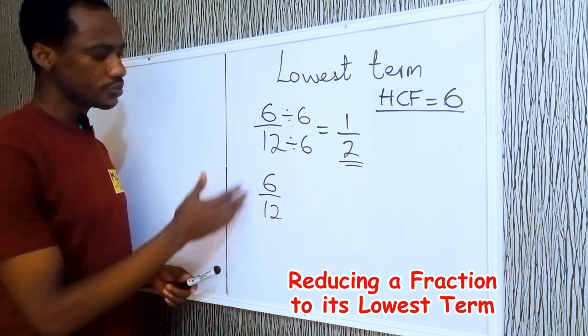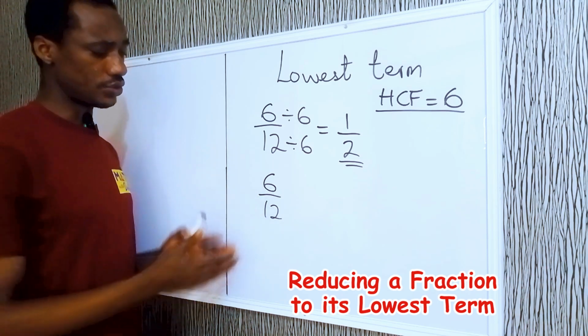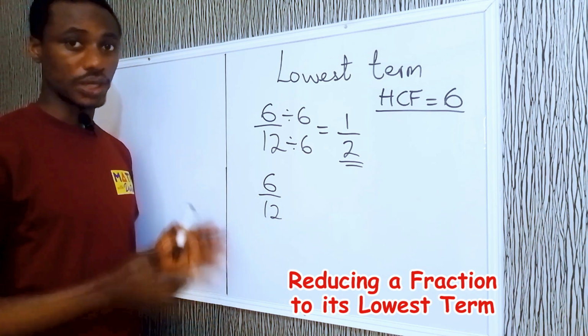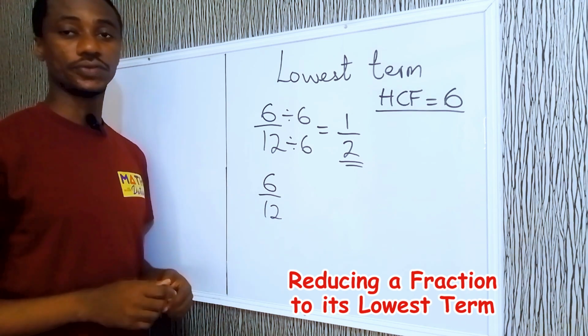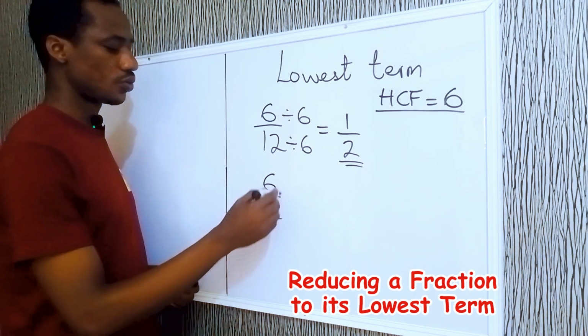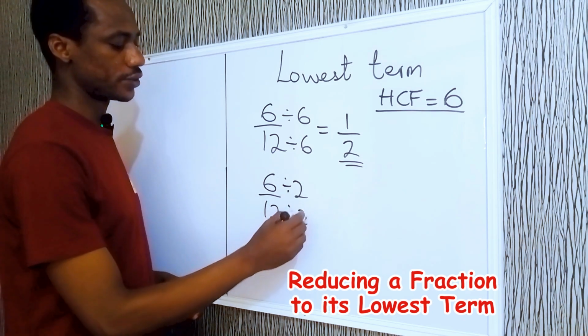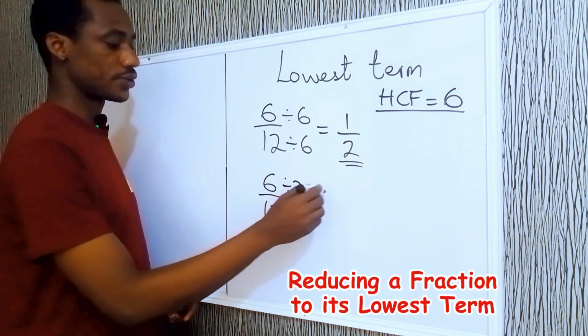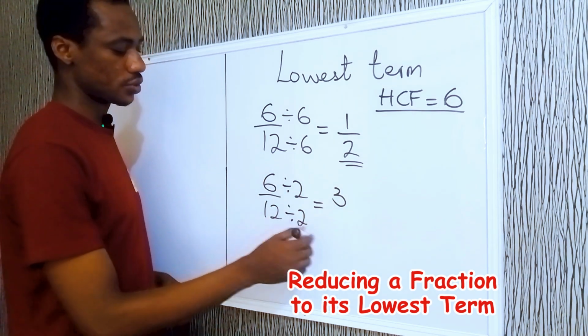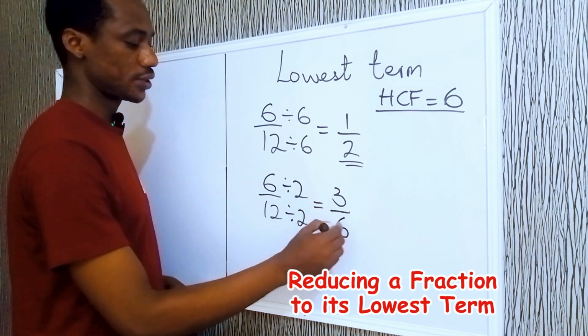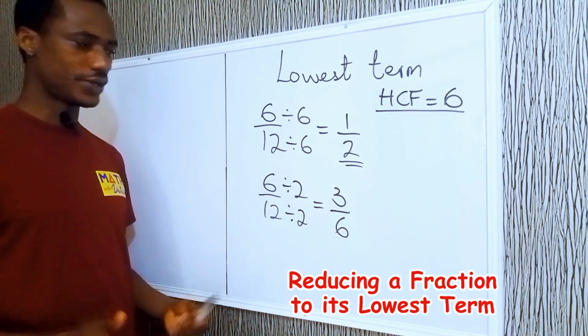For instance, I see 6 and 12, and I know they are both multiples of 2. So I know that 2 should be able to divide 6 and 12. I'll go with 2: 6 divided by 2 is 3, and 12 divided by 2 is 6. So I have 3 over 6.